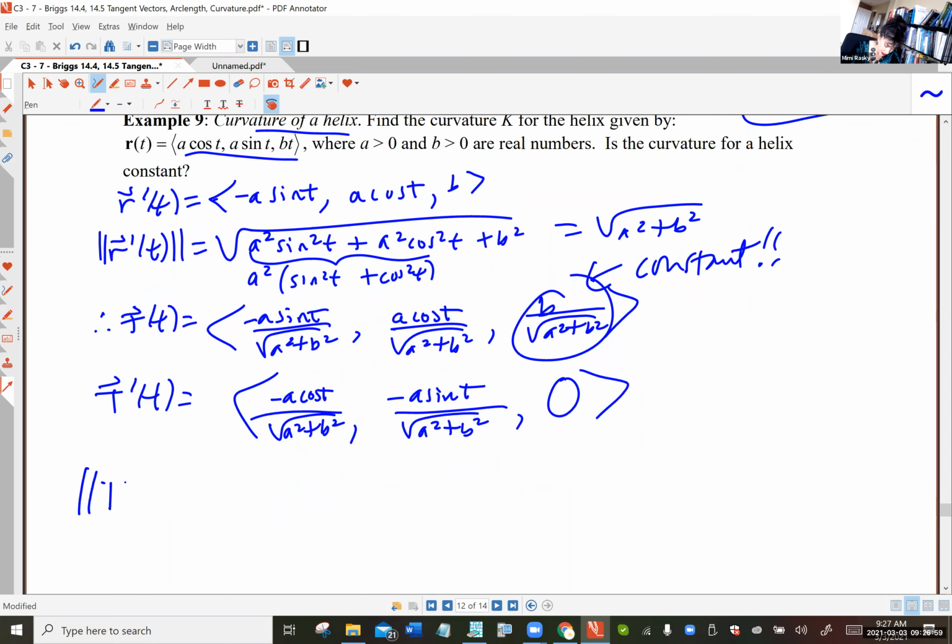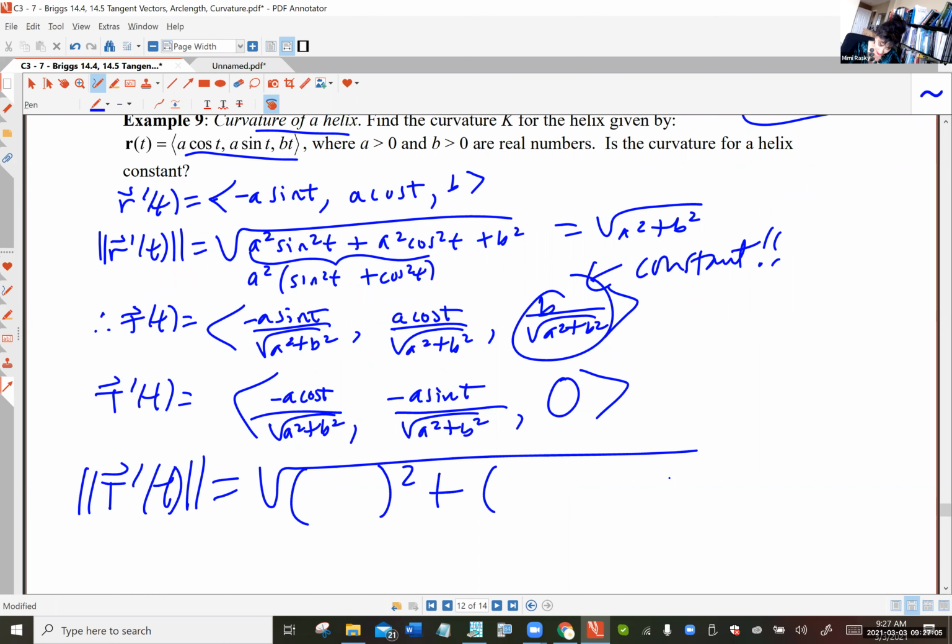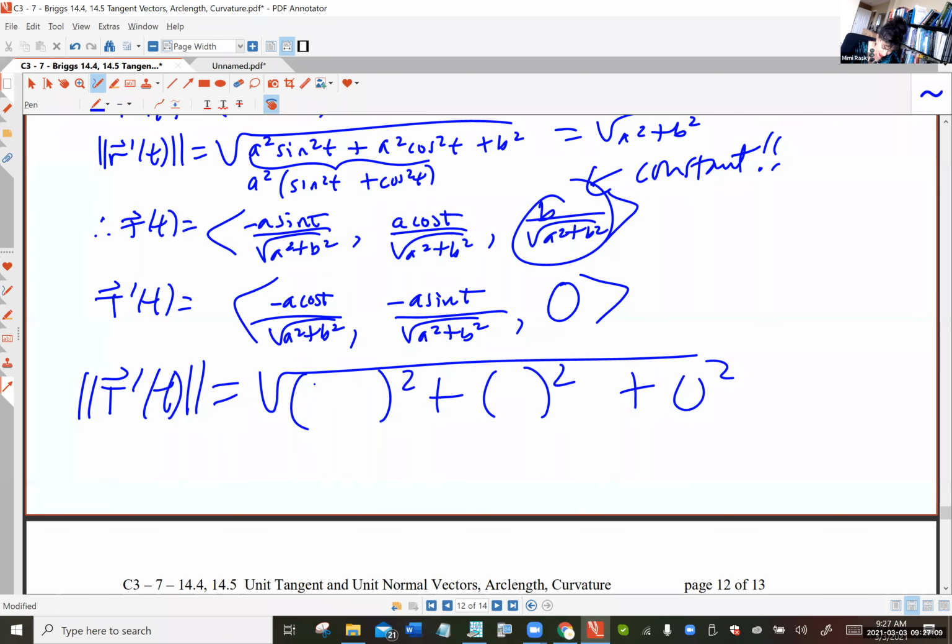So then what? Well, that makes it a little easier to find big T prime's magnitude because we have one less component to put under the radical. So here you have a cos t all over square root of a squared plus b squared, and this will be a sine t all over square root of a squared plus b squared. After you do all the cleanup, you have two fractions that have the same denominator.